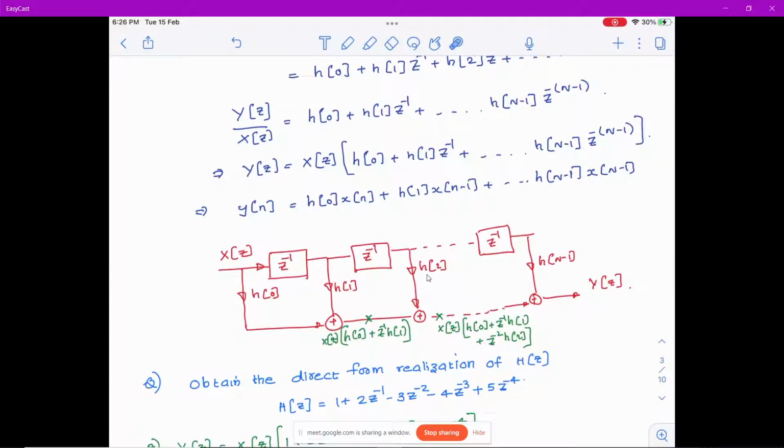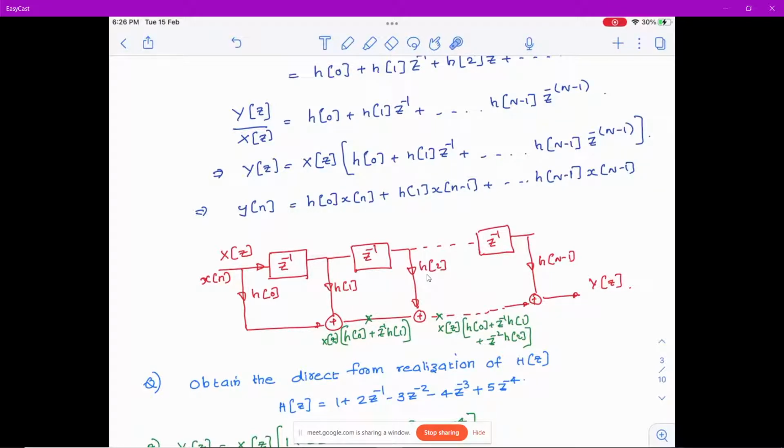So what you want to do is you have x of n, you multiply by h of 0, you delay x of n by 1, then you multiply it by h of 1, only that x of n minus 1, and goes on. So you can say, let's say this is x of z or x of n.